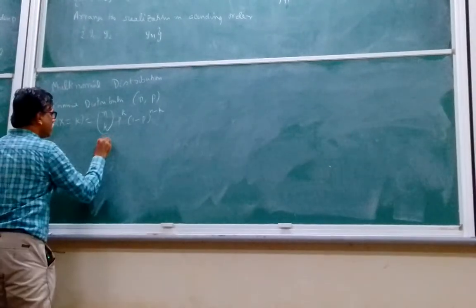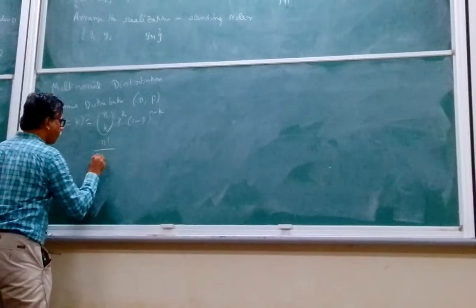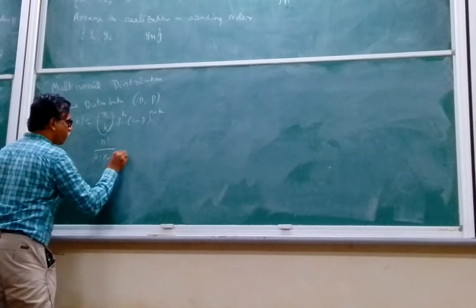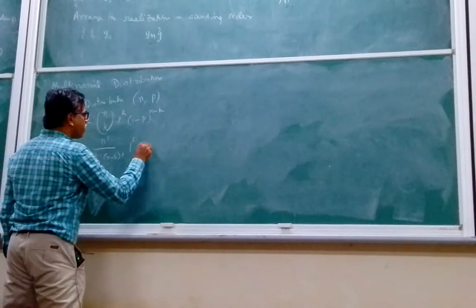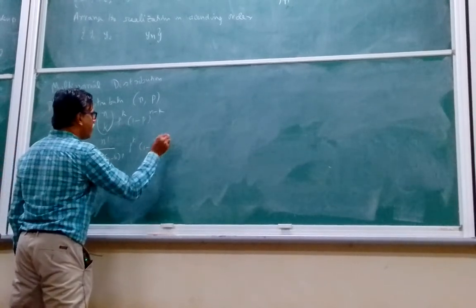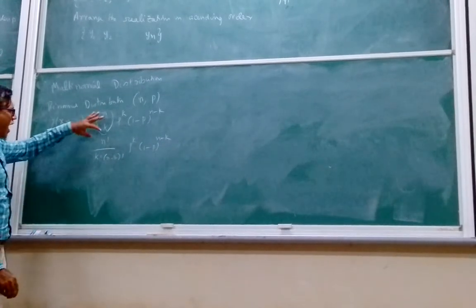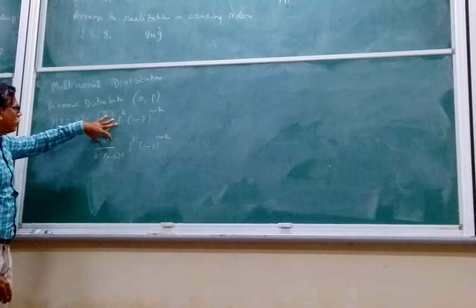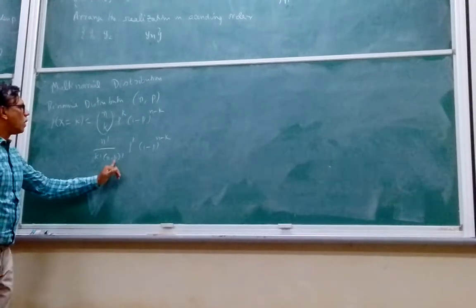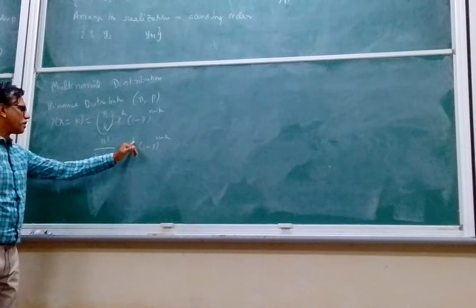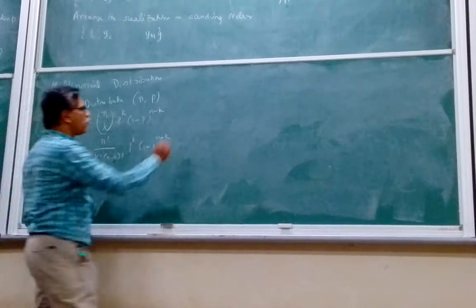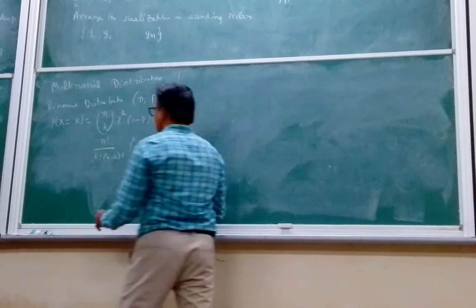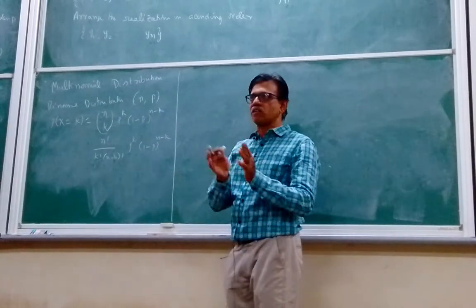And what is this one? There are only two cases, success or failure. So you have this form of n factorial divided by these two factorials, and whatever comes here comes as the exponent of the corresponding one, and so on. Well, now we have a multinomial, that is, there is not just success and failure.